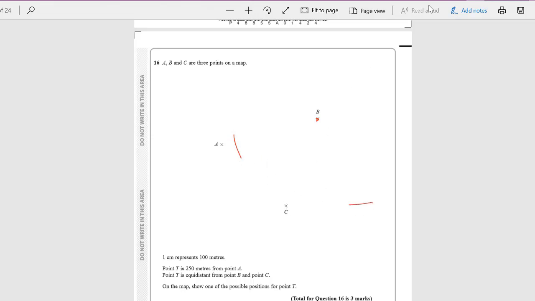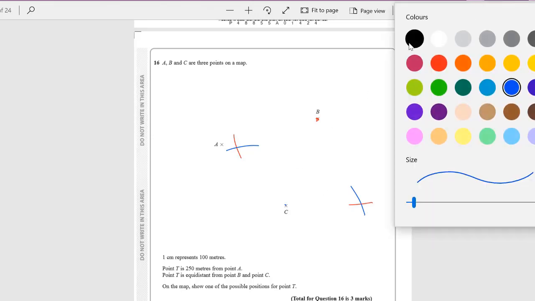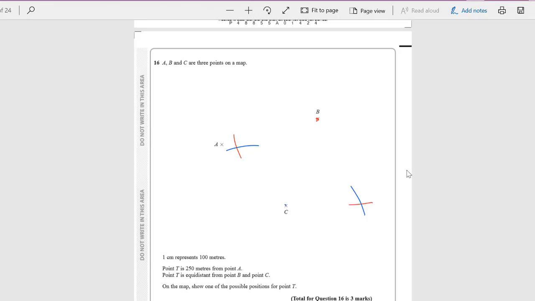And then the same thing for point C. You get your compass point there, and you would draw it out, look something like that. And we know that point T is 250 meters from point A. So 250 meters is 2.5 centimeters.